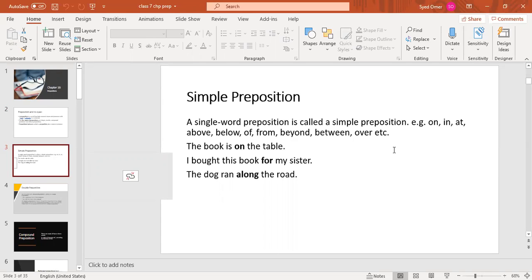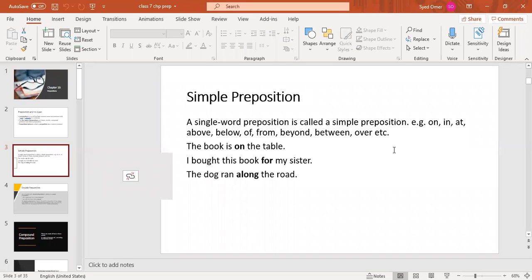Okay, students, so I was telling you a simple preposition is a single word preposition. For example, on, in, at, above, below, beyond, over, along, across, off, from. These are simple word prepositions.